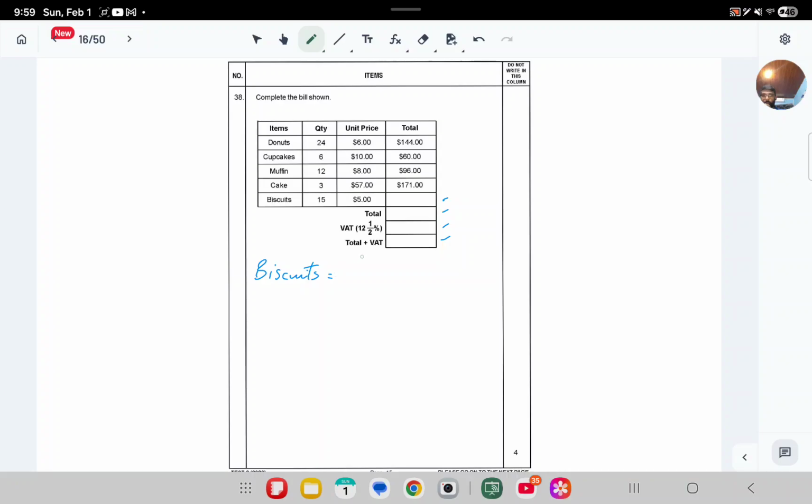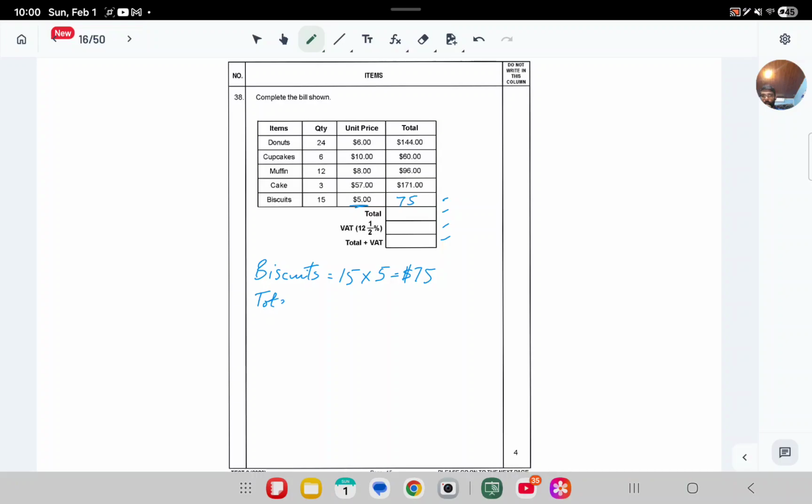The total would be the 15 multiplied by the unit cost, which is $5. So 15 by 5, which is equal to $75. Now we want to calculate the total cost of all the items.